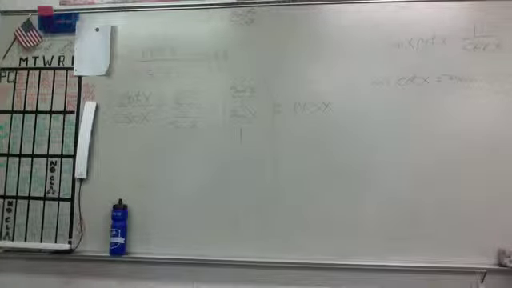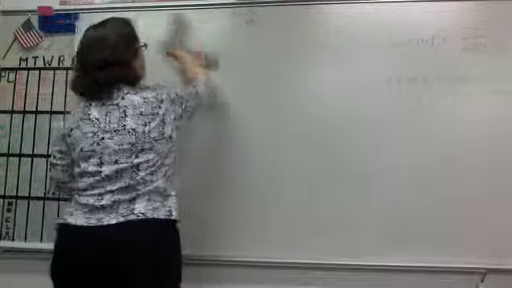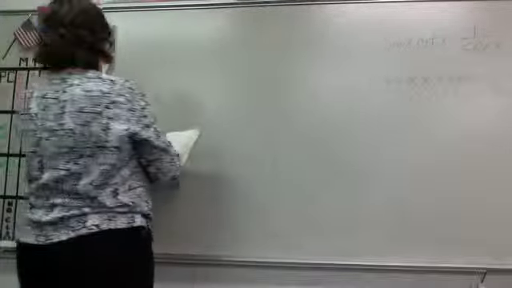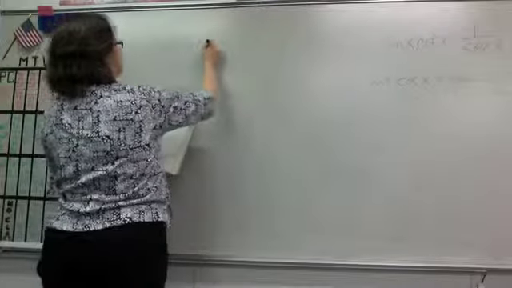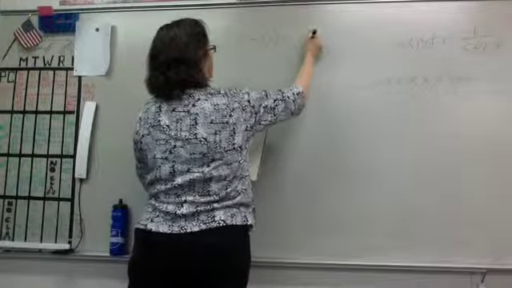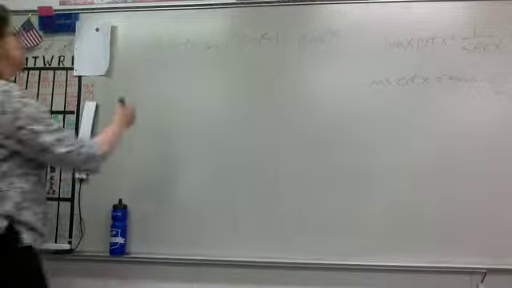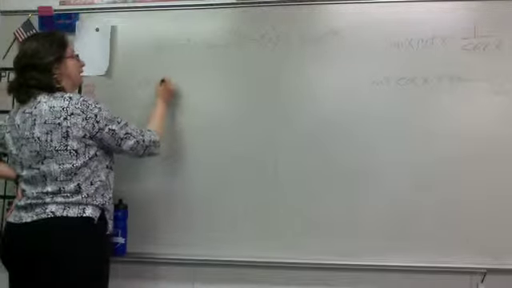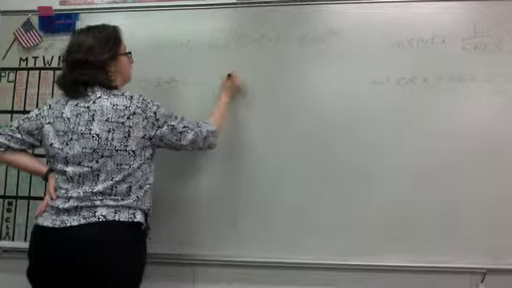Everybody turn to the next page. Look at the last one. The next one is cosine of negative theta times sine of 90 minus theta is cosine squared theta. So I start on the left: cosine of negative theta, sine 90 minus theta.